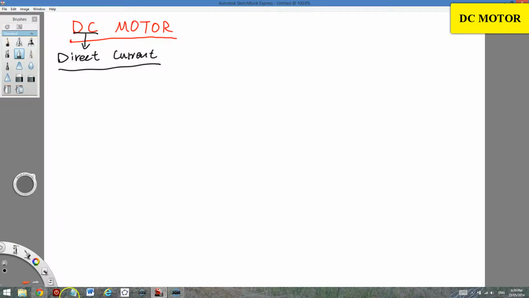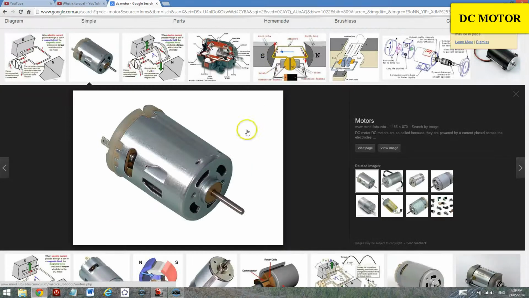Have a look at those pictures. This is a DC motor. It runs by battery. As we all know, batteries supply direct current, and motors that operate on direct current are called DC motors.